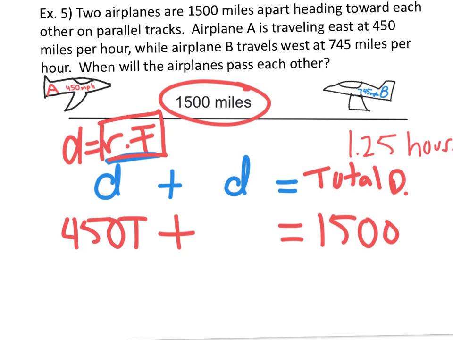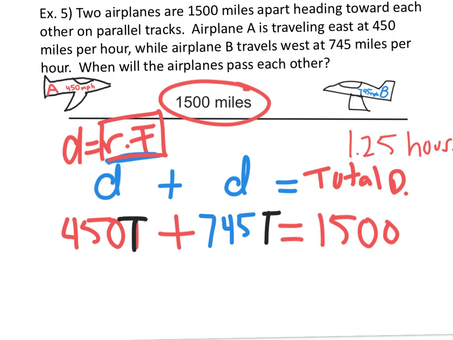I did. Plane, I'm sorry. The distance of the blue plane, the rate is 745. So you're going to put 745. And again, you don't know how long. That's what we're actually solving for. So you're going to put t right there. So you really have 450t plus 745t equals 1500.